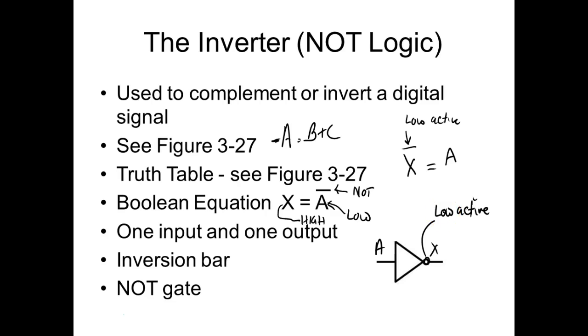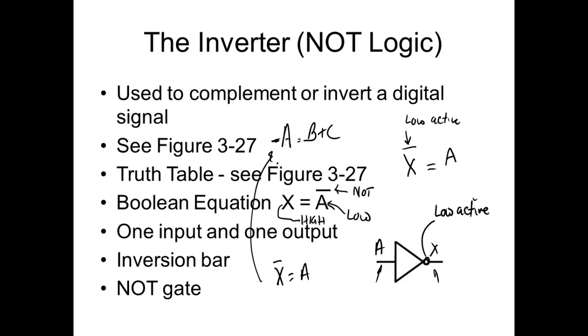So what they want to do is, since on the symbol the input is on the left and the output is on the right, they want to put the inputs on the left and the outputs on the right on their Boolean equation. The next thing they want to do is, since X has got the bubble, they want to do that. But that would be the same in math as trying to do that, right?